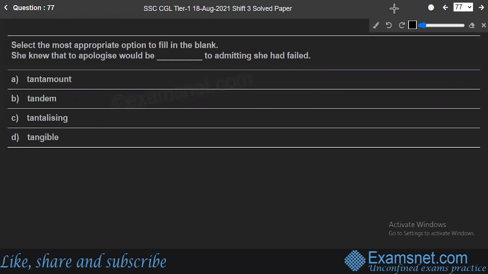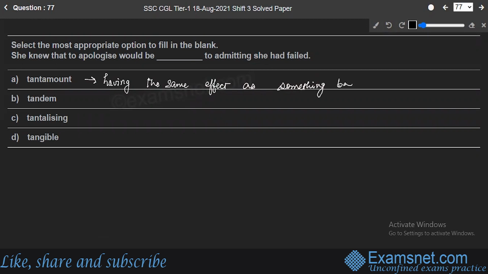Question number 77. Select the most appropriate option to fill in the blank. She knew that to apologize would be dash to admitting she had failed. Options are tantamount, tandem, tantalizing, or tangible. Let's see the meaning of all these words one by one. First one is tantamount, which means having the same effect as something bad.